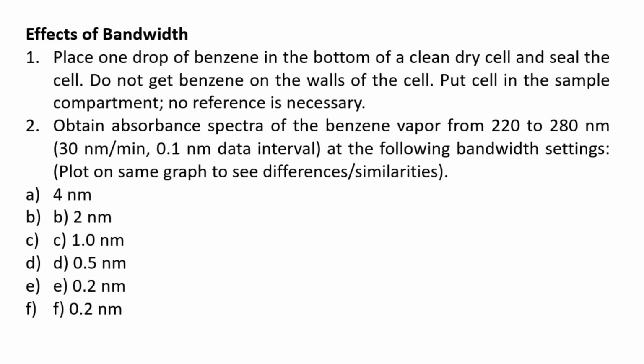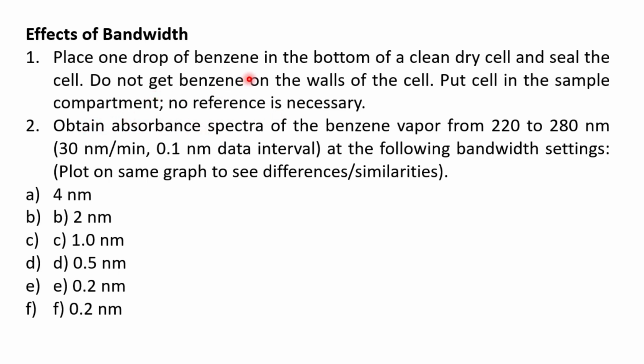Okay, so there are cases where the effects of the bandwidth can also be determined, so that you appreciate the effect of the bandwidth on the kind of results you can get. You can use benzene to do that.